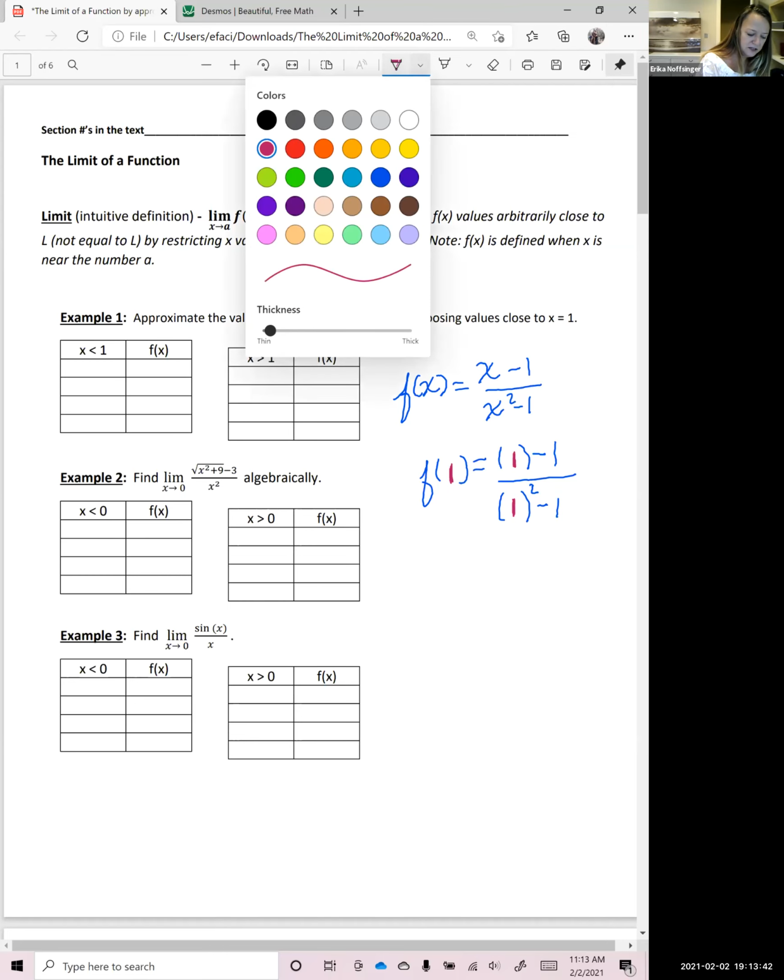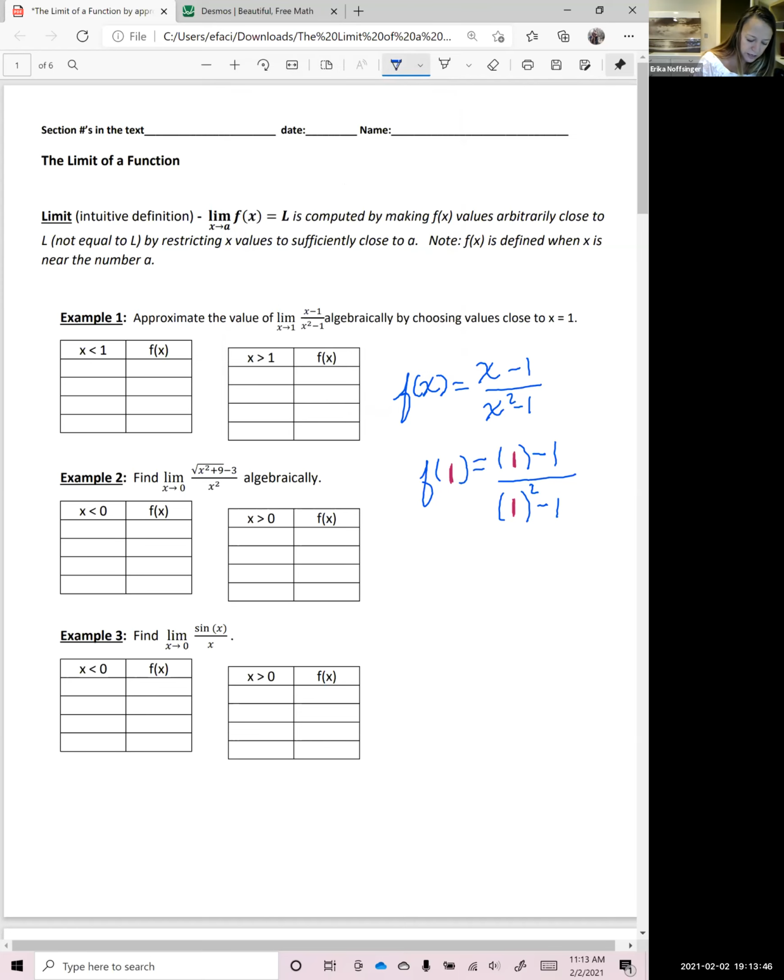If we do that, notice the numerator, using order of operations: we have 1 minus 1, which is 0, all over the denominator, which is 1 squared, which is 1, and 1 minus 1 is 0. So when we get things in this form where we get 0 over 0, or later we'll see infinity over infinity, this isn't telling us anything about the graph and what's happening there at x equals 1. This is actually called an indeterminate form.